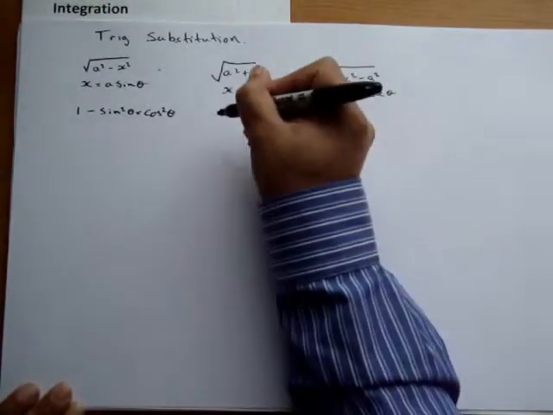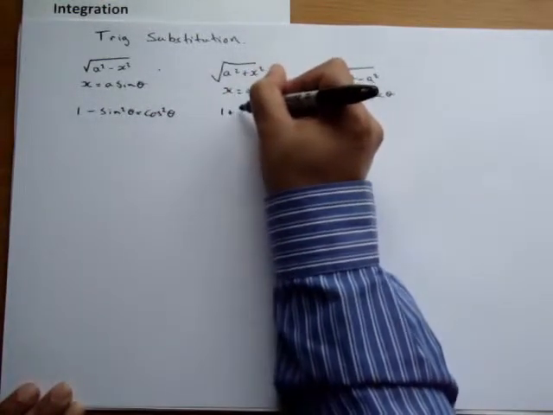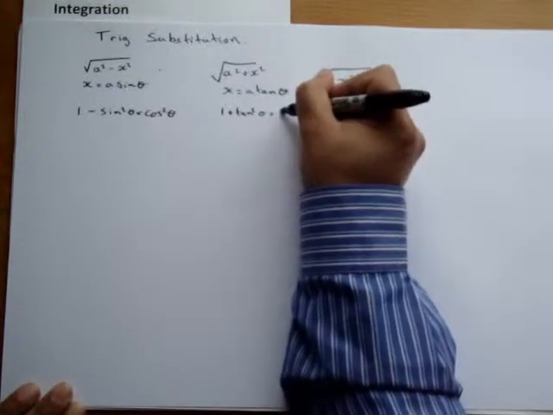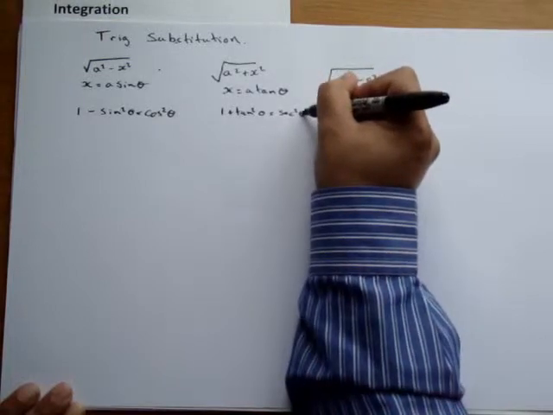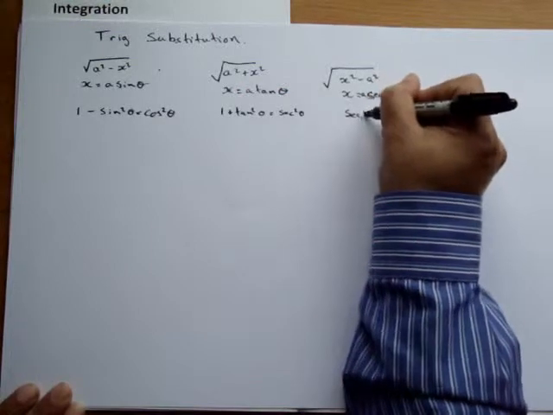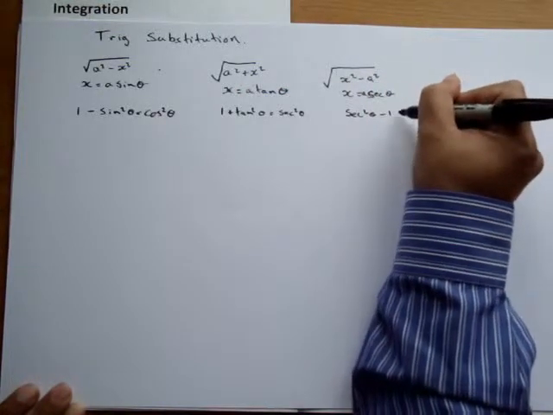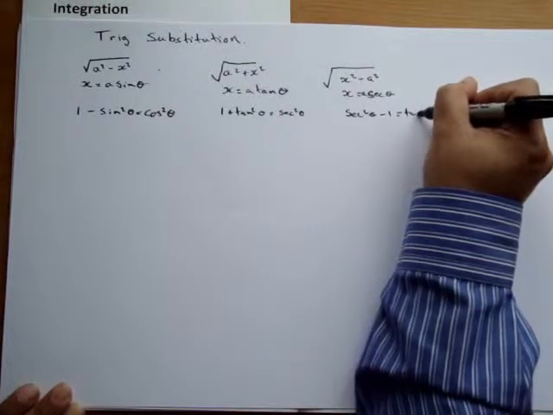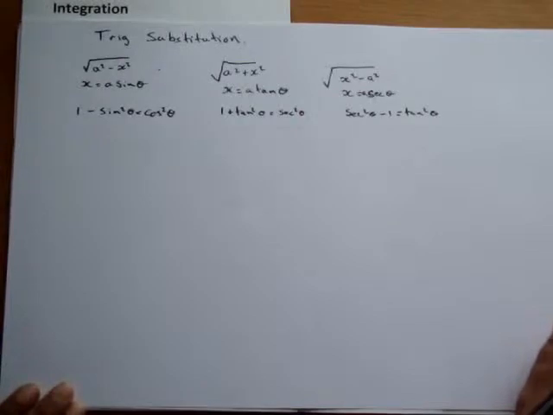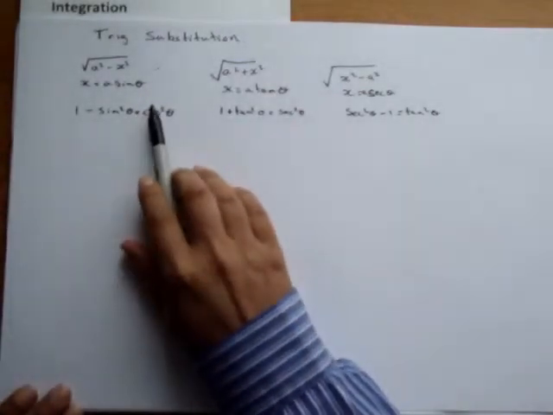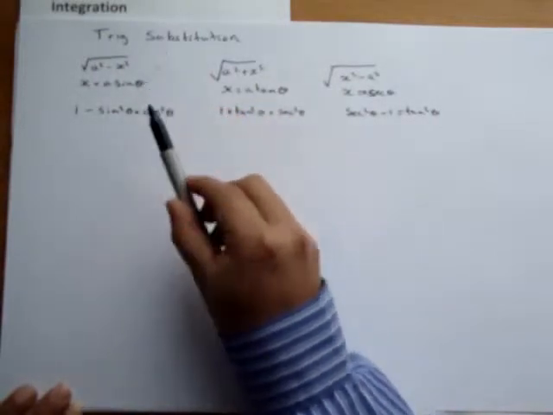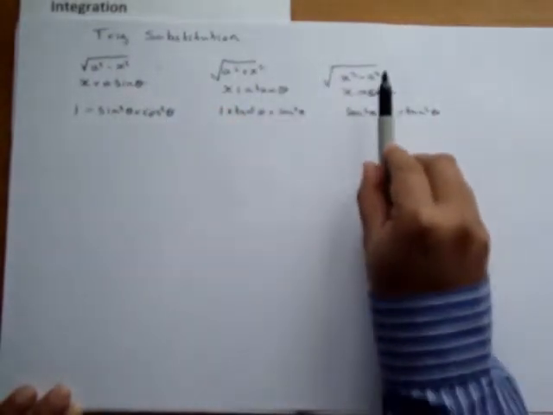For tangent we use the identity 1 plus tan squared theta equals sec squared theta, and for secant we use secant squared theta minus 1 equals tan squared theta. So these identities are linked with this particular trig substitution, this one with this trig substitution, and this one with this trig substitution.